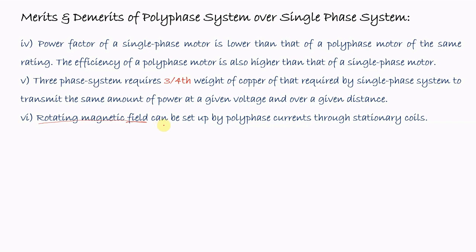And the rotating magnetic field can be produced only by the polyphase currents. If we use a single phase current, then the magnetic field that will be produced is considered as a pulsating magnetic field. Whereas using the three phase current or using the two phase currents, the magnetic field that will be produced will be rotating in nature.